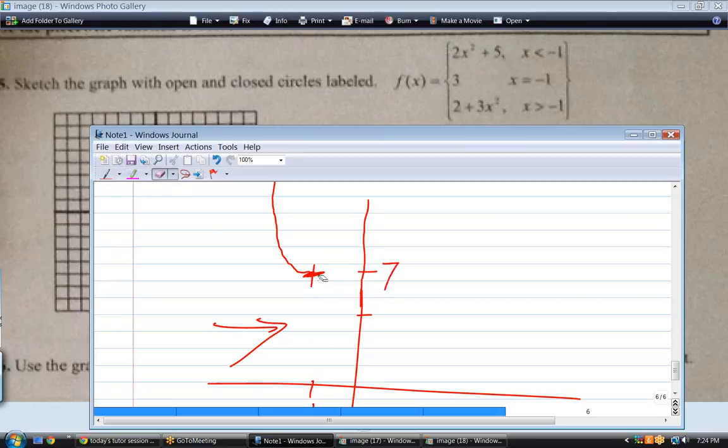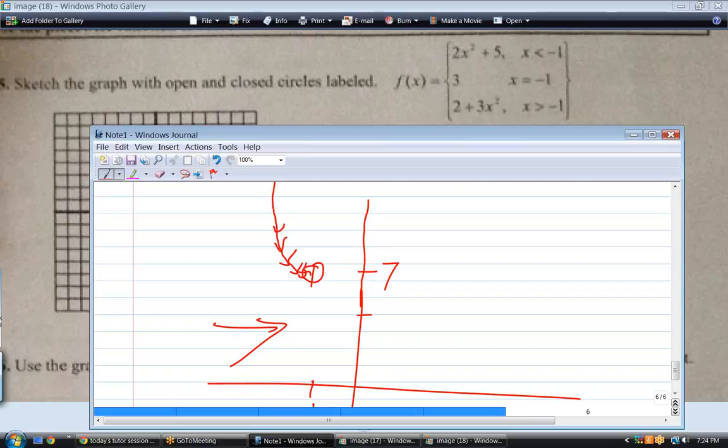And even though it's an open circle there, because this function only applies for x less than minus 1, if you follow a line on this function, if you start approaching negative 1, you end up at 7, even though the function is not 7 at negative 1.